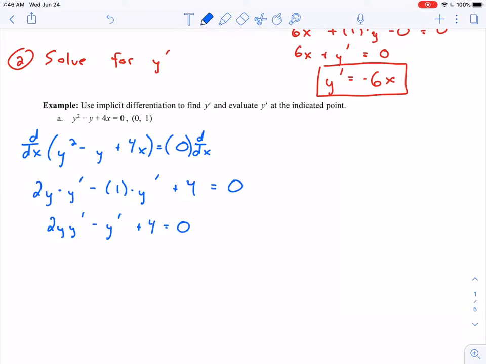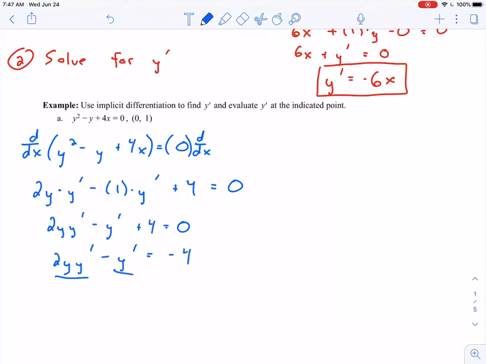I'm going to take everything that does not have a y prime, which is this plus 4, and move that over to the other side. Essentially, I'm trying to get the terms that have a y prime on one side of my equation, and the terms that do not have a y prime moved over to the opposite side. So if I subtract 4, 2y y prime minus y prime is equal to negative 4.